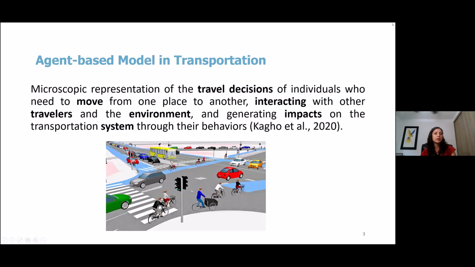We can define agent-based simulation in transportation as a microscopic representation of the travel decisions of individuals who need to move from one place to another while they interact with other travelers and with the environment. Those decisions have impacts on the transportation system itself.